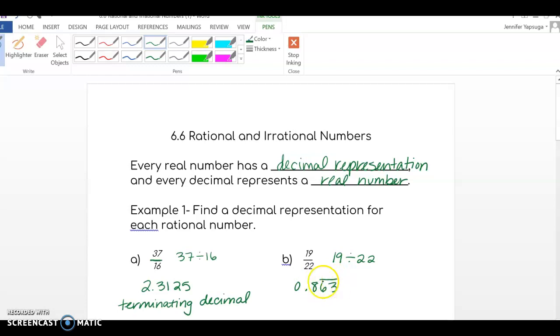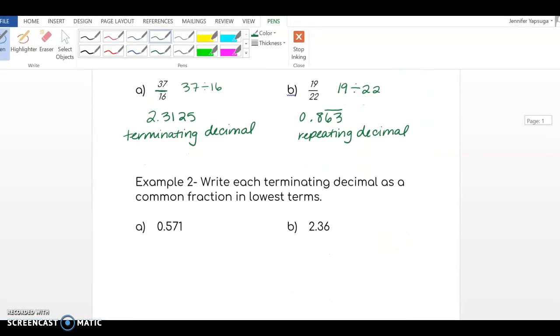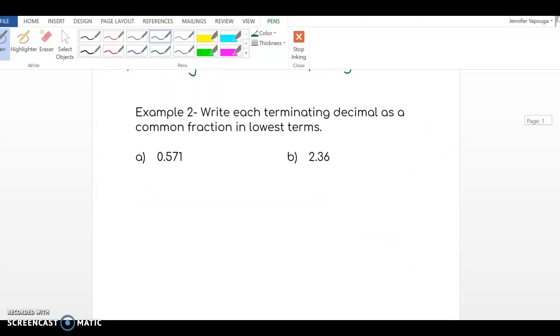So we put a bar notation over just the 6 and the 3, and we would call this a repeating decimal. Okay, all right, let's scroll down. And look at this next example.